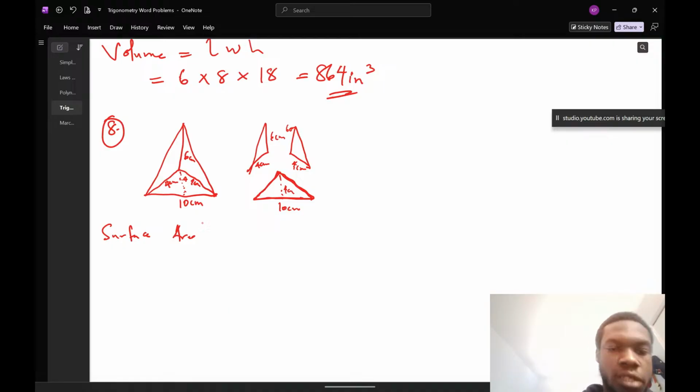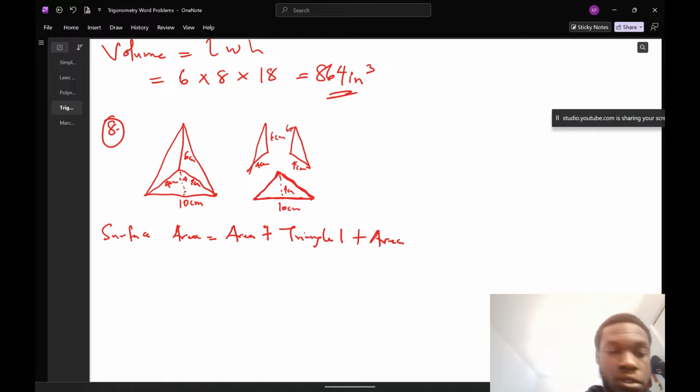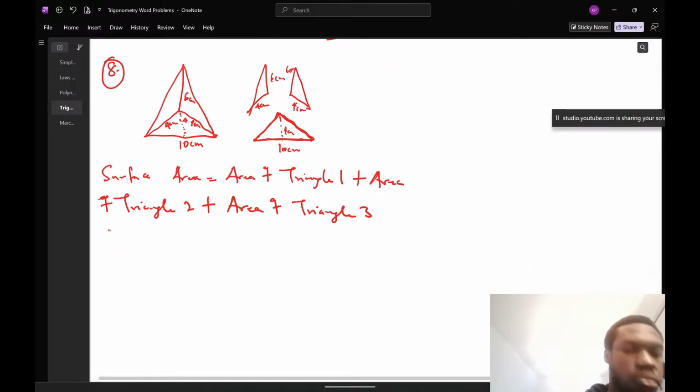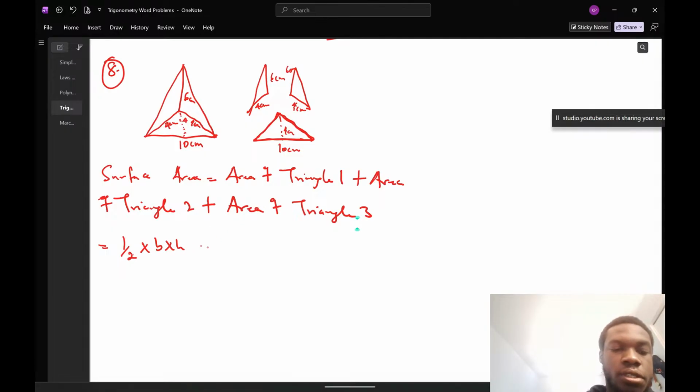So the surface area will be equal to area of triangle 1 plus area of triangle 2 plus area of triangle 3. The area is 1/2 times base times height for all 3. Because these 2 triangles are the same, we're just going to do base times height and remove the half.